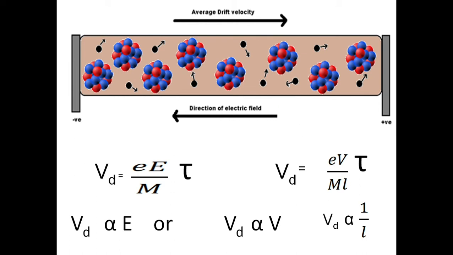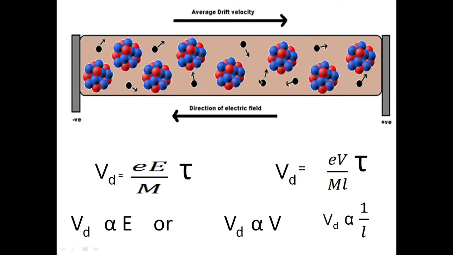Next is the relationship between drift velocity and relaxation time. For this, we need to understand the relationship between relaxation time and temperature. If we increase the temperature of the conductor, then the collision frequency of the electrons increases.